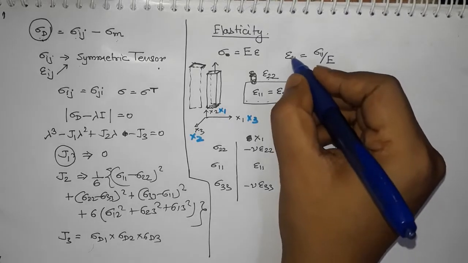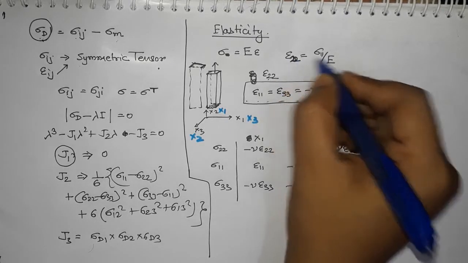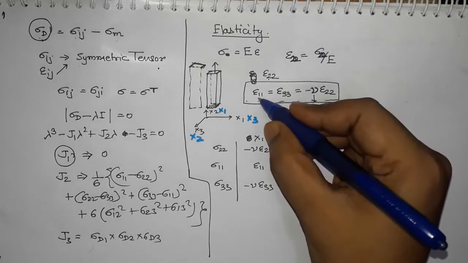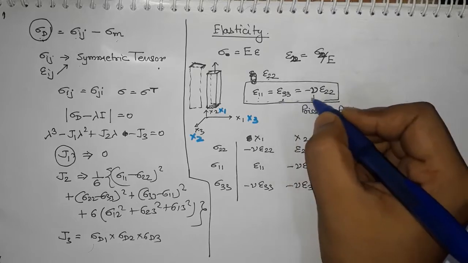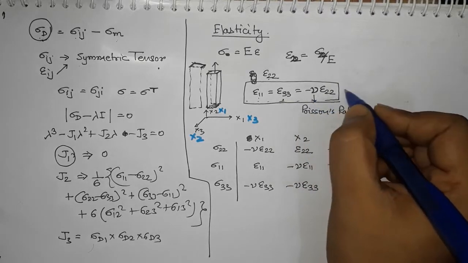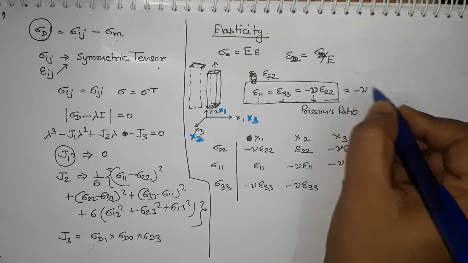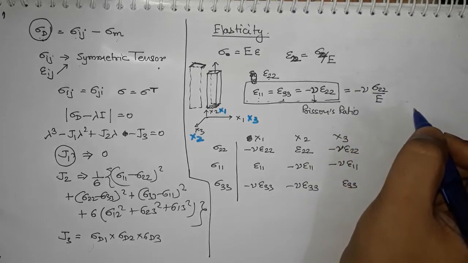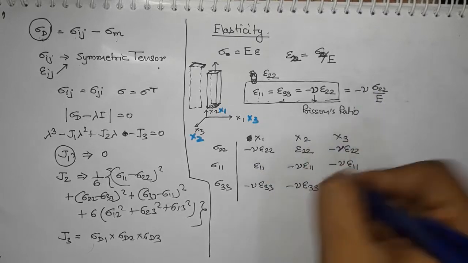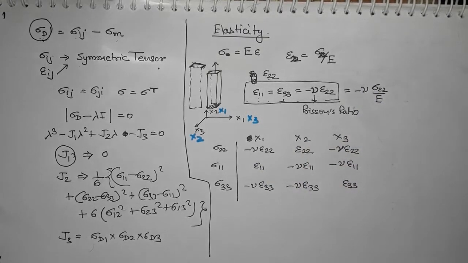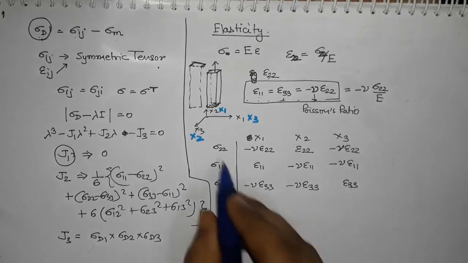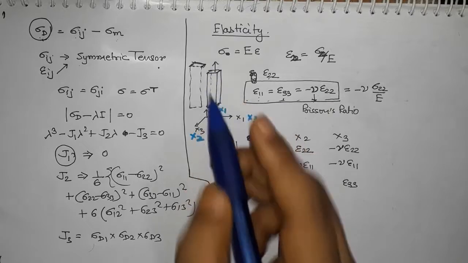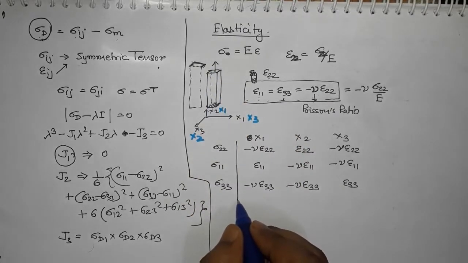So epsilon 1 1 is equal to epsilon 3 3 is equal to minus mu into epsilon 2 2, which will be equal to minus mu sigma 2 2 by E, right? So we will apply this conversion in this case. So this was for when our stress was applied in the sigma 2 2 direction.